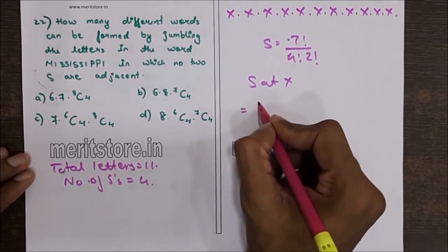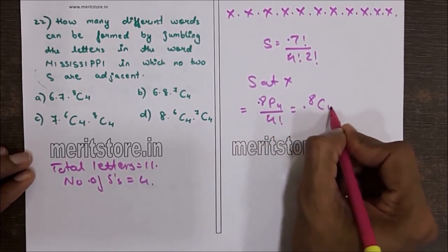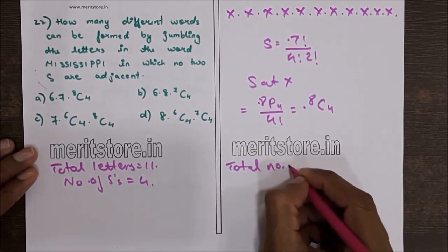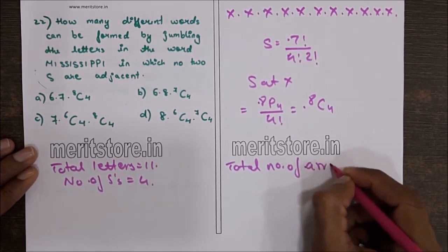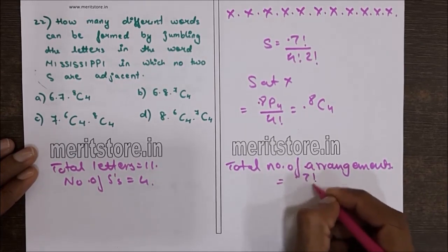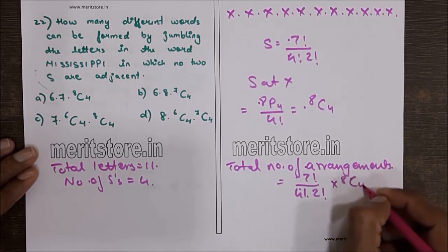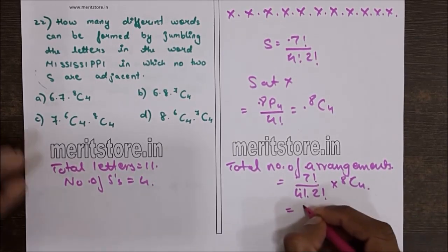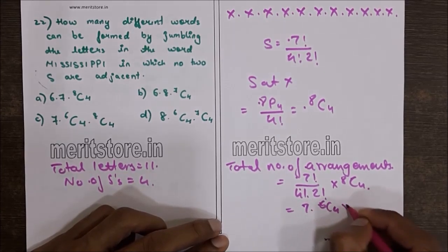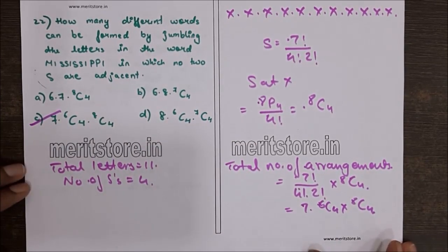So we get 8P4 upon 4 factorial, which is equal to 8C4. So the total number of arrangements is 7 factorial upon 4 factorial into 2 factorial times 8C4. Making adjustment, we get 7 into 6C4 into 8C4, which is our option C. Our option C is the correct answer.